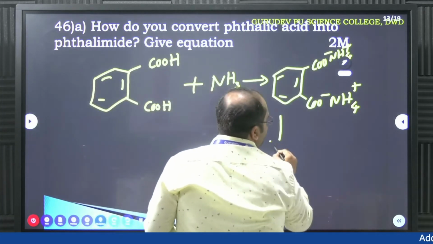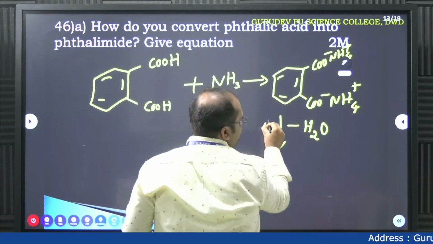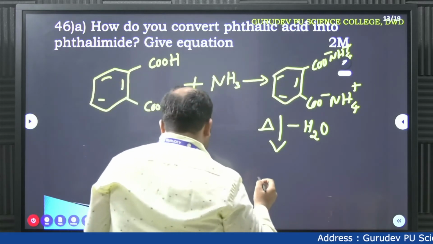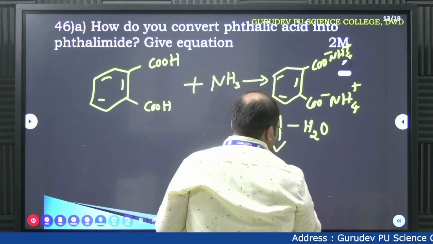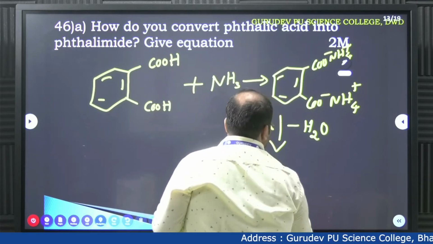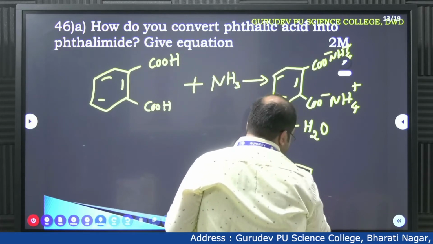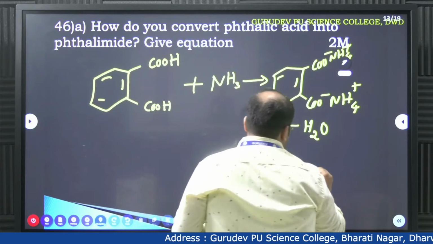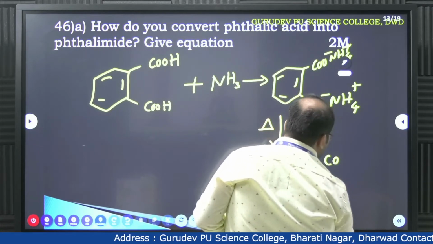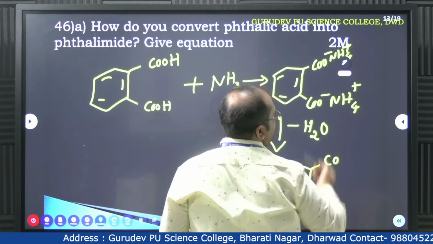Now what we have to do is remove the water molecule and heat the above product. You are going to form the product by the removal of water molecules, that is 2H and 1O.